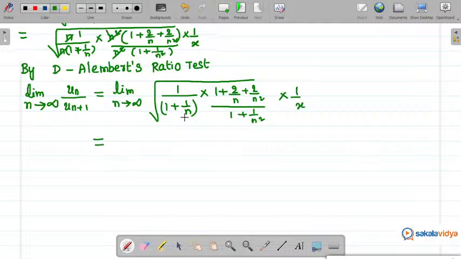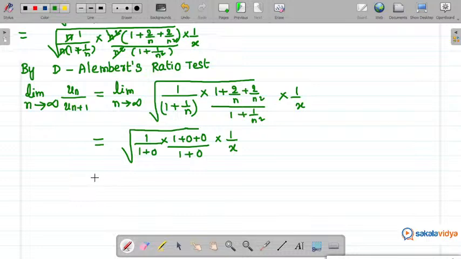So now this 1 upon n, 2 upon n, 2 upon n square, 1 upon n square is 0, root over you will be getting 1 upon 1 plus 0 into 1 plus 0 plus 0 by 1 plus 0 into 1 by x. Obviously this will be root of 1 by 1, root 1 into 1 upon x. This will be 1 by x.